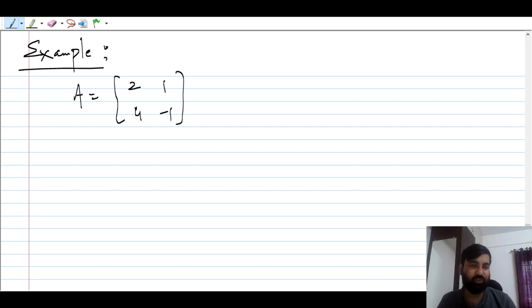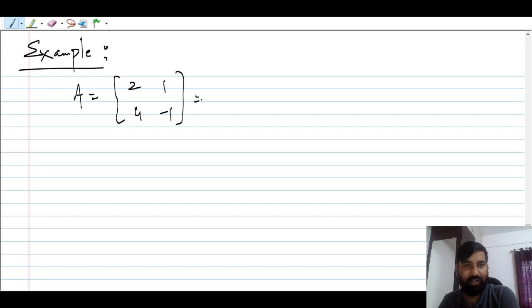You can check the principal minors are non-zero. If you suppress the first row and first column, M11 is going to be -1 and M22 is going to be 2. So they are non-zero, which is fine, so you can factorize.